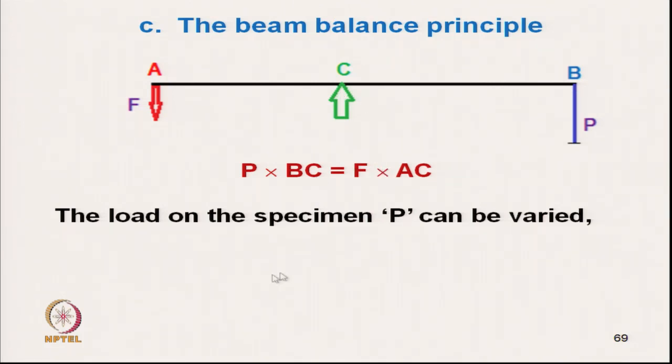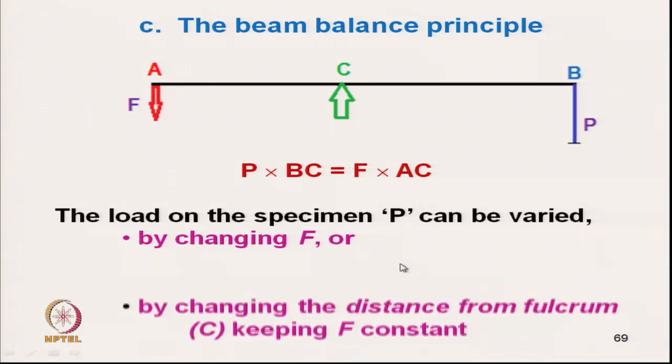So, the load on the specimen P can be varied by changing F. If we change the load gradually, the P value changes, so that we can measure the strength up to the breaking point.